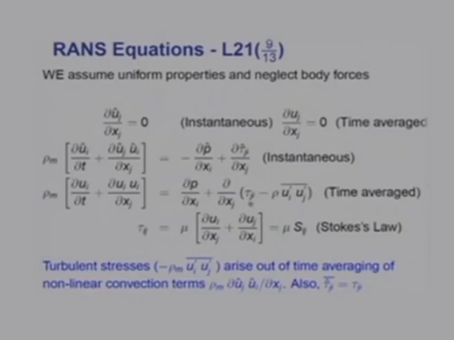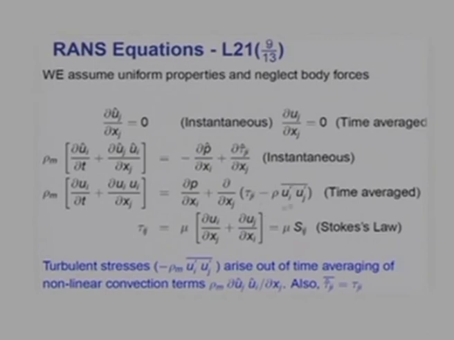And therefore tau i j would be that, and an instantaneous turbulent stress would be converted to a time mean stress, represented by mean velocity gradients. Whenever I say mean, it means time averaged value, and this is Stokes's law.